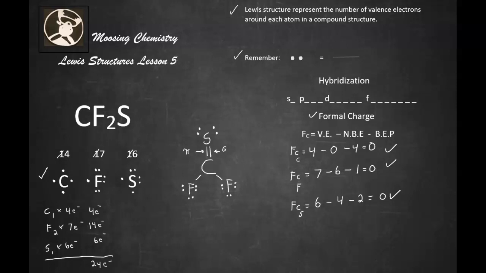All right, there's something else I want you to look at here. We're going to talk about hybridization. Remember that the S has 1 subshell, the P has 3 subshells, the D has 5 subshells, and the F has 7 subshells. So let's do the hybridized orbitals for each of these elements. So carbon, right? Carbon has 1, 2, 3 hybridized objects.